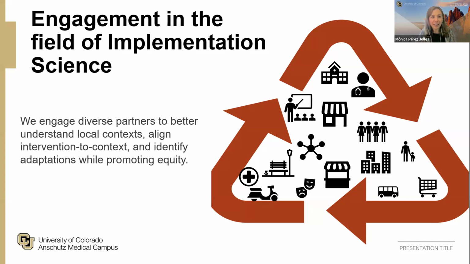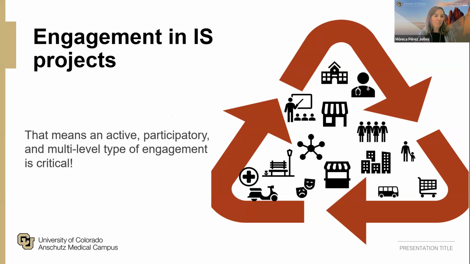That's how we identify fidelity, but especially also adaptations to really honor and acknowledge differences and richness of the different systems. And this could be a neighborhood, it could be a community, it could be a hospital.